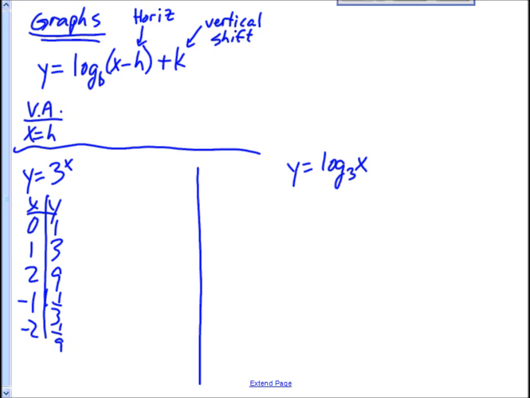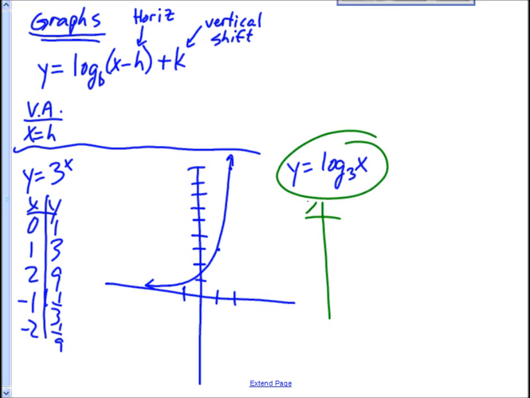So we have this, with a horizontal asymptote, y equals 0. Now let's look at log base 3 of x.